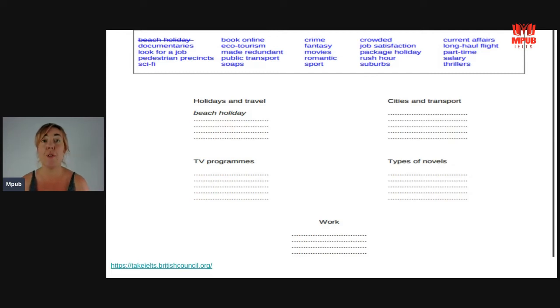We will look at the pronunciation of these phrases once you have finished also.